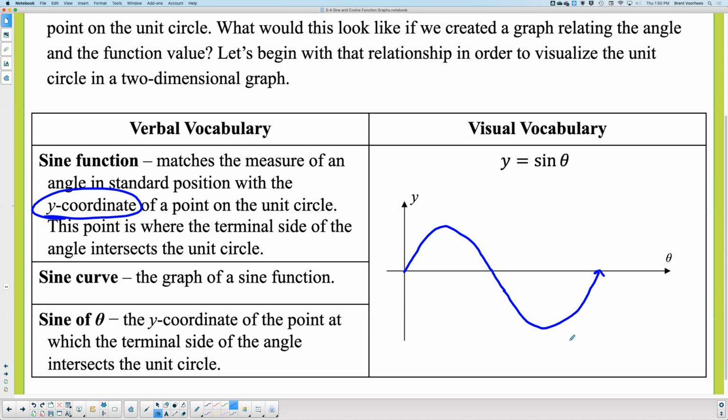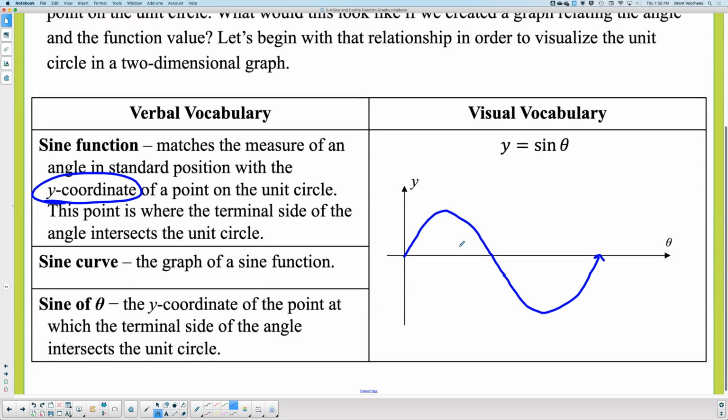If you remember that from lesson 1, periodic means it's going to repeat itself over and over and over on its own period. So we're going to have the values come up in a second, so I'm not going to fill this in too much. We call it a sine curve, even though it's a wave. We're going to call it a curve, not a line. It's a sine curve. And the sine of theta, this is just telling you again, it's the y coordinate.